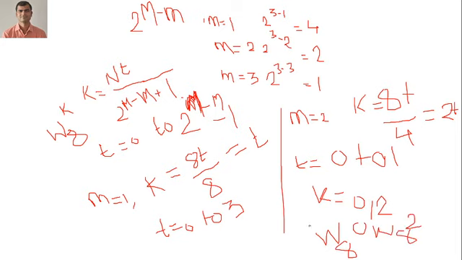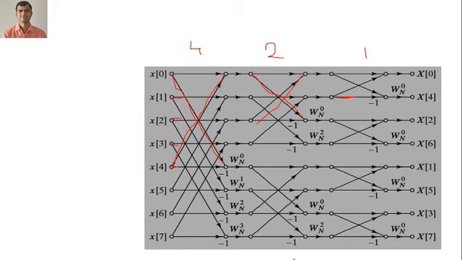So for stage 1 we have got 0, 1, 2, 3, and for stage 2 we have got 0 and 2. So let me show you here W8 0, W8 2, W8 0, W8 2. So these are nothing but the times at which the twiddle factor exponents are going to repeat.